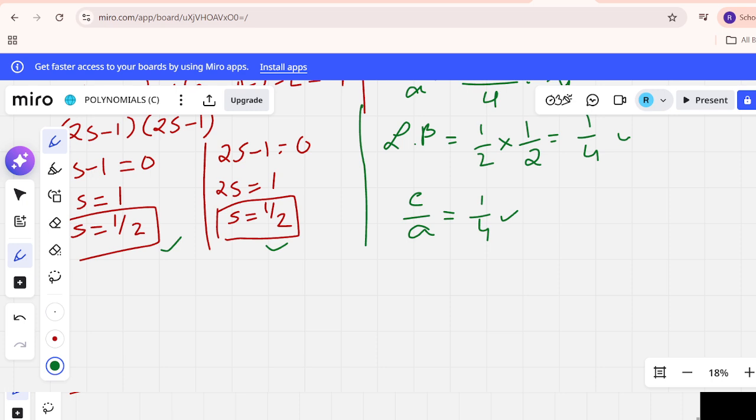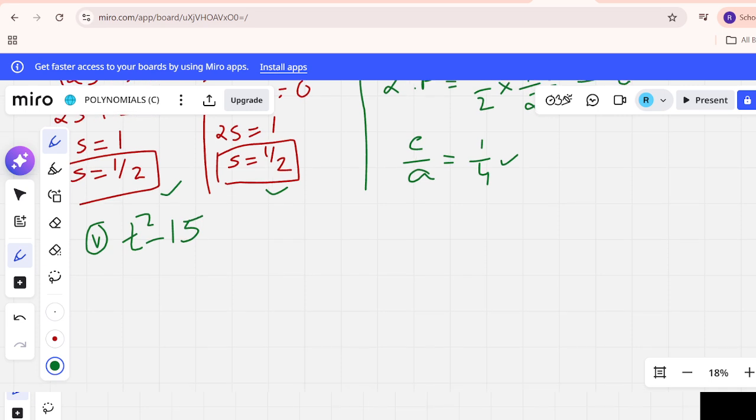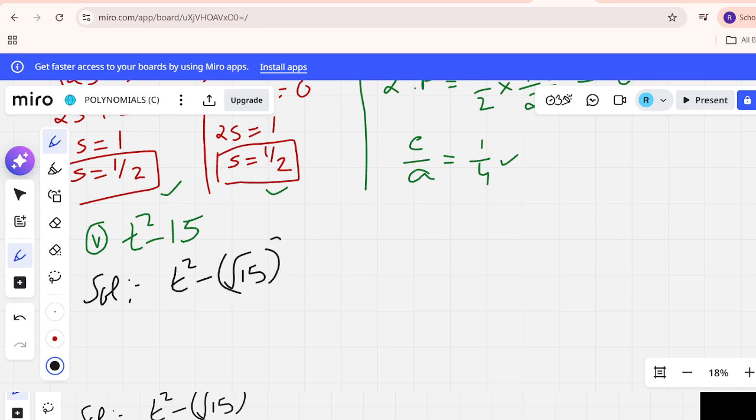Suppose the question is given as option number 5, t square minus 15. How are you going to solve this? In the solution I write t square minus root 15 whole square.